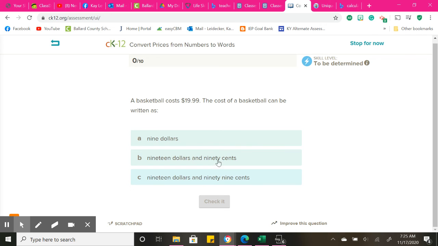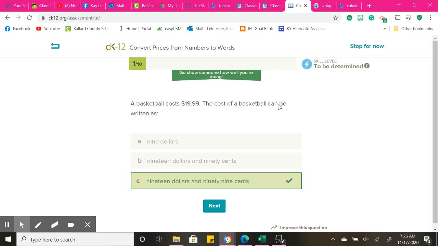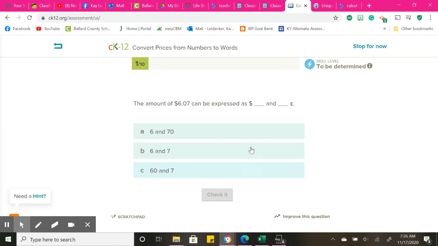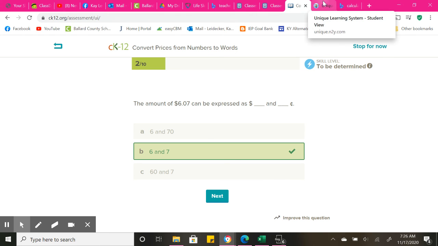Then you need to find the one that matches what you are saying. $19.99. So we got that correct. So work through these. The amount of $6.07 can be expressed as $6.07. Okay? So that would be money skills for today.